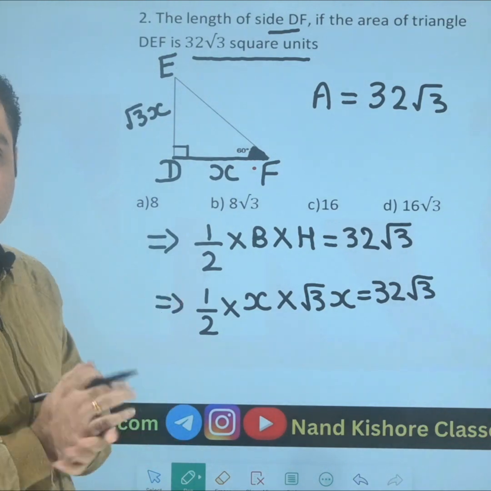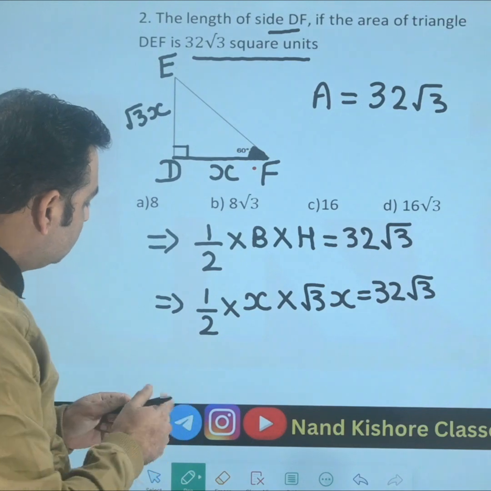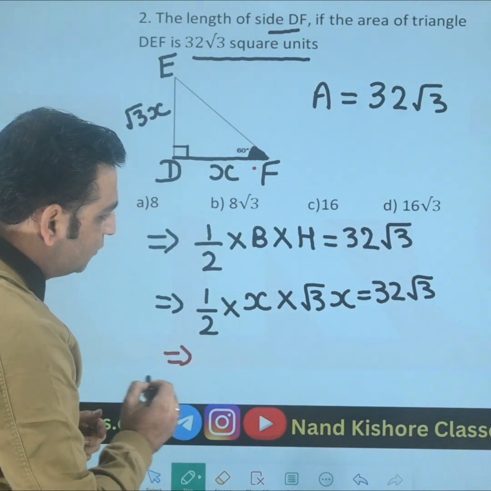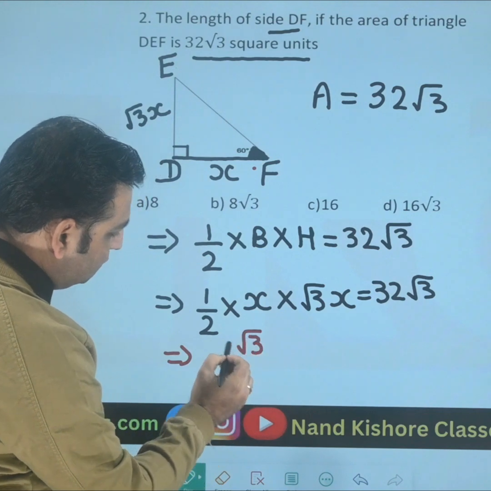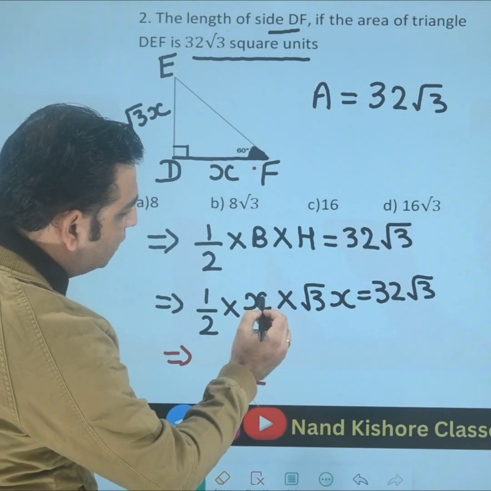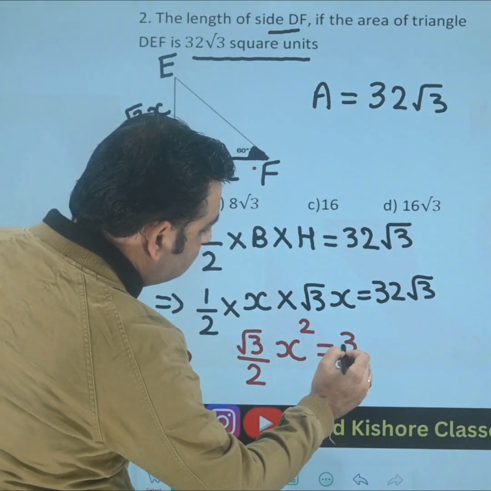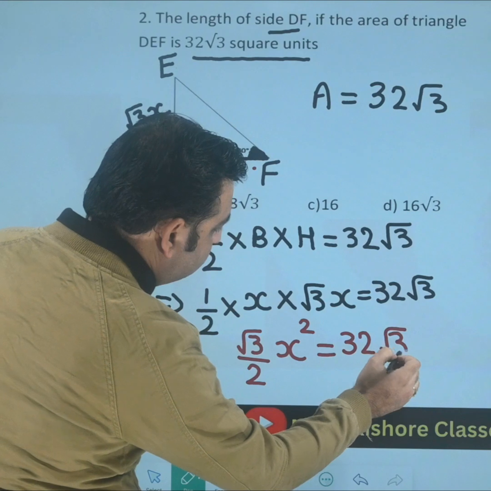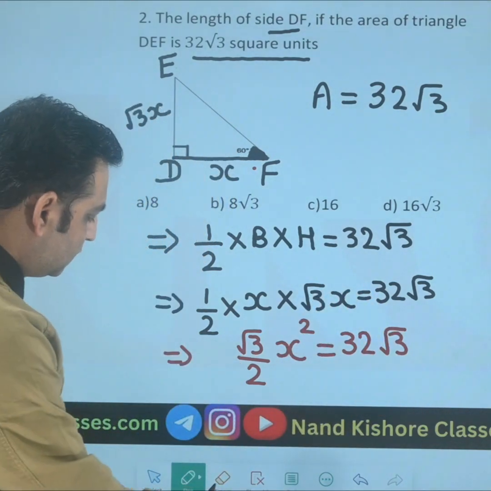Step by step we are going to solve and I am sure you will be able to understand. Now, what will we get? Square root of 3, 2 is in the denominator, x multiply x is x square which is equal to 32 root 3. Please check this step as well. I hope you are clear with.